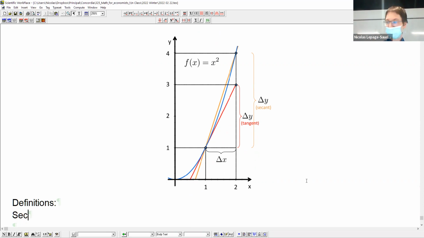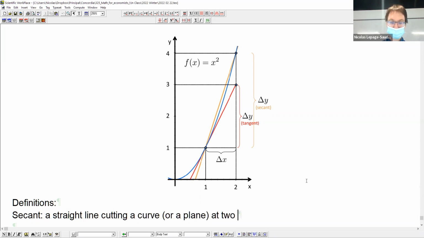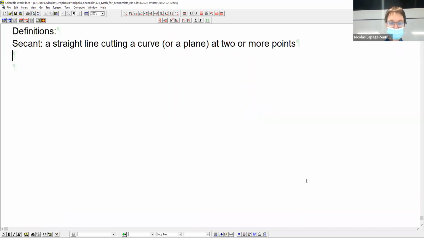So, a secant: a straight line cutting a curve at 2 or more points. And a tangent.